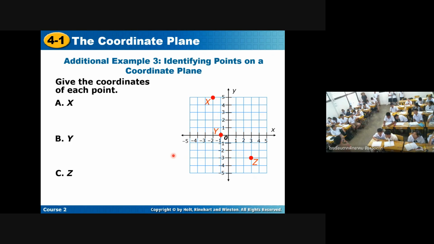What are the coordinates of point x? The x comma y value. What is it? This point x. Coordinates.